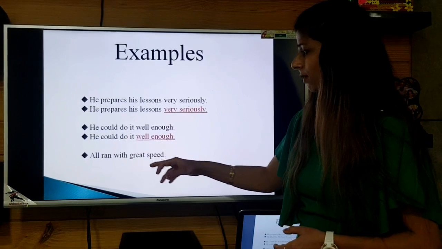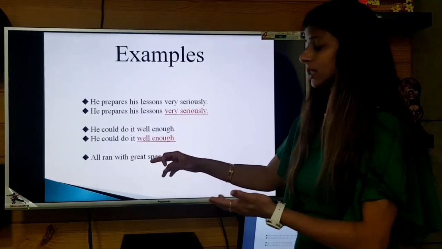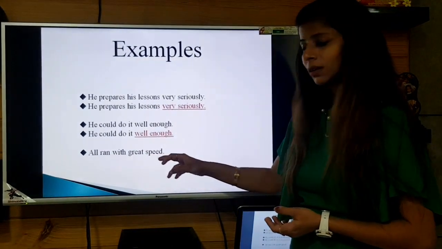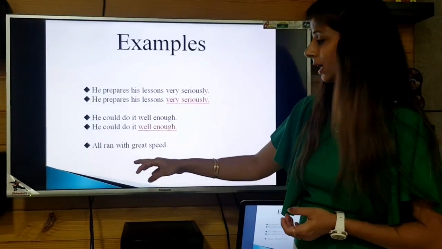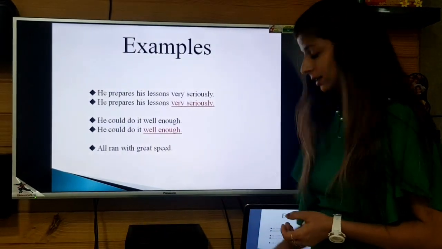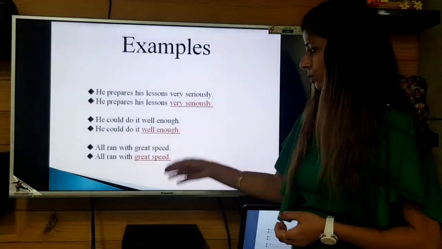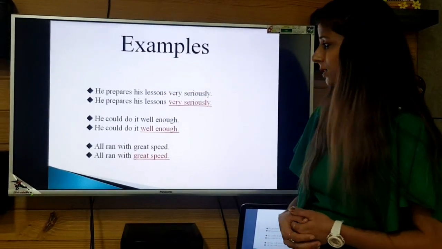Yes, you are. Great speed. How did everyone run? With great speed. So great speed here again is modifying a verb. So again it is an adverb phrase. So this was all about the spotting of adverb phrases in this slide.